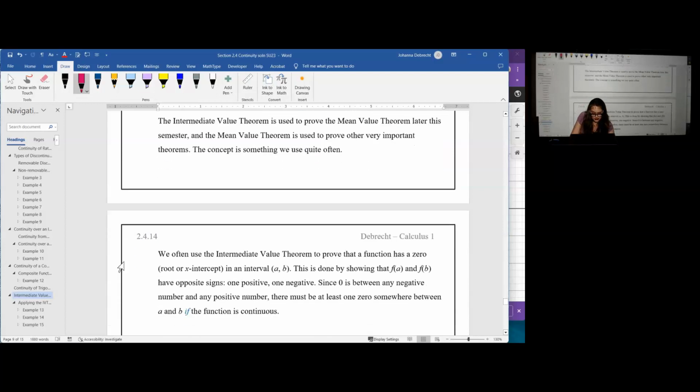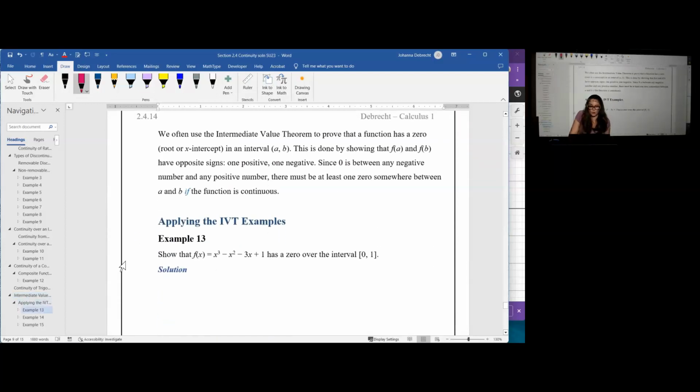Now, what places do we use this theorem? We often use the intermediate value theorem to prove that an x-intercept or 0 exists for a function. How can we do this?